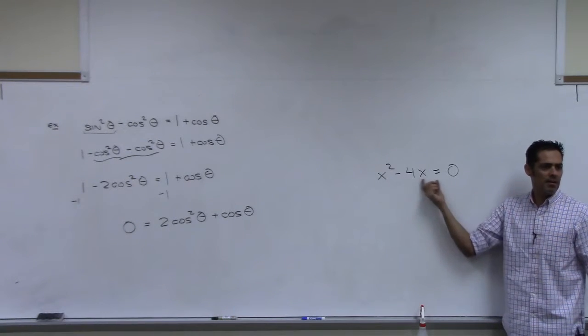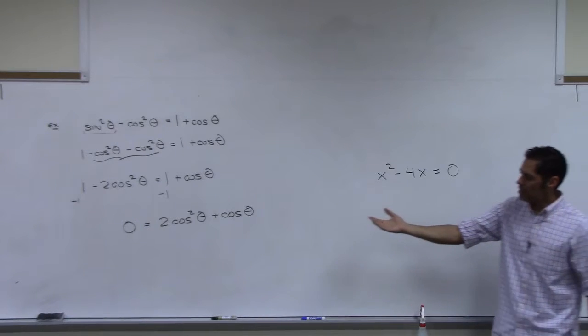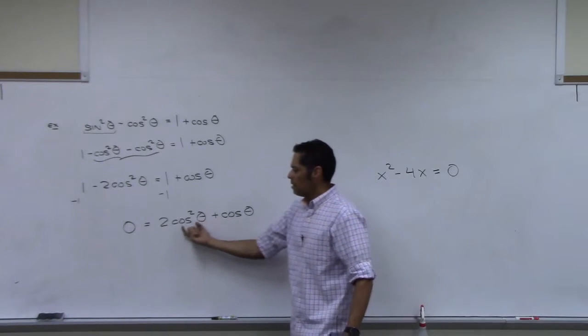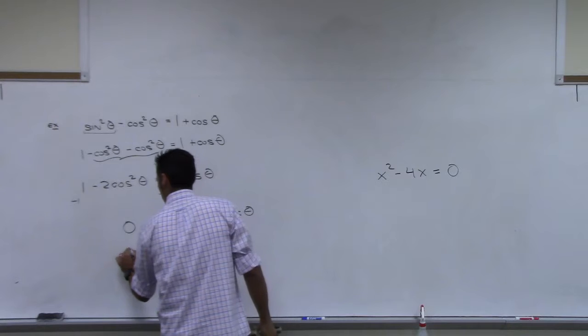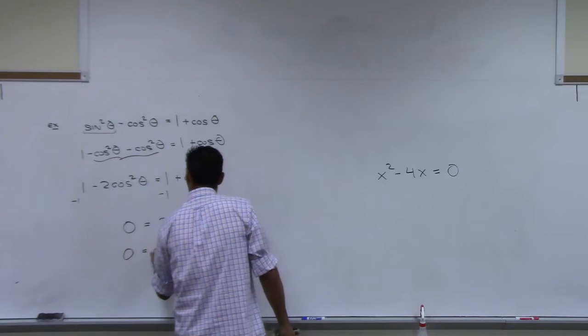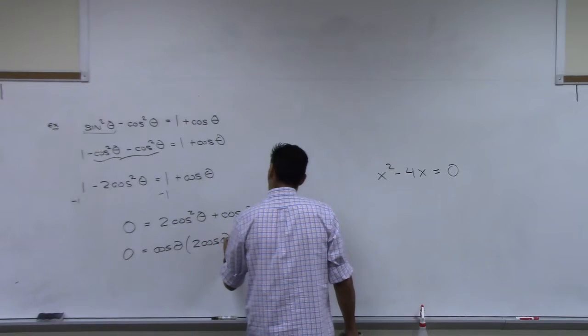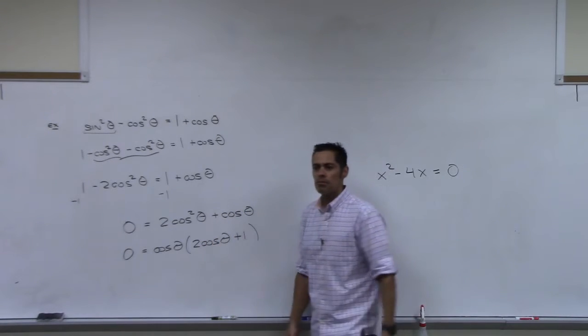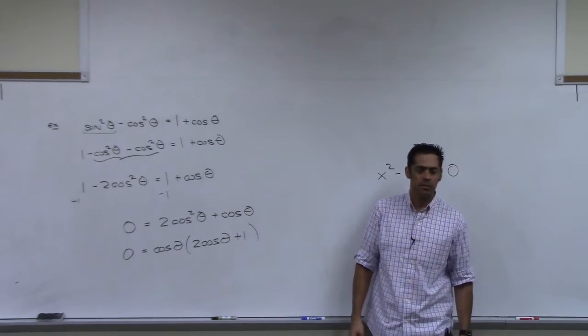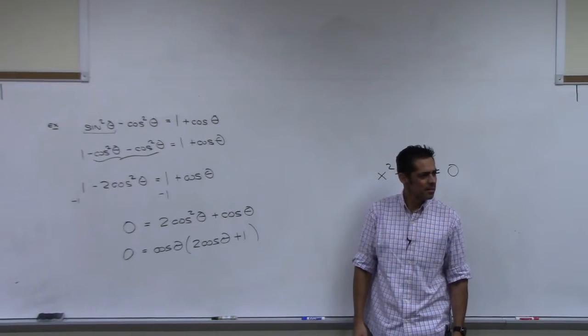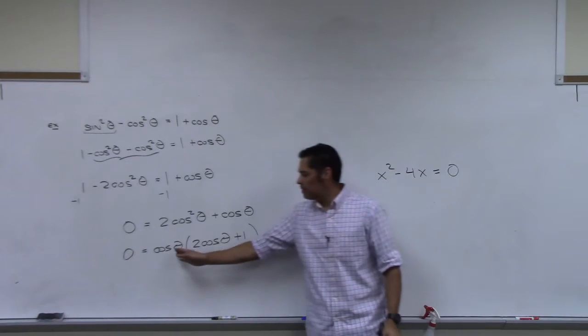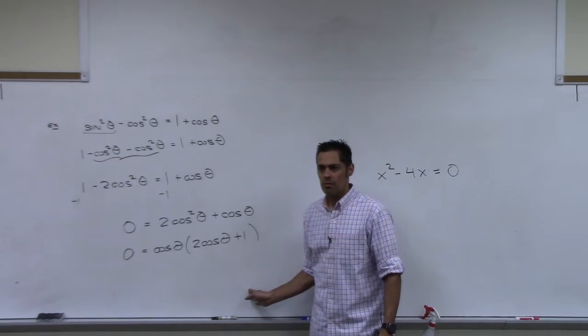You'd factor an x out of both of these. So since these both have a cosine, you just factor a cosine out. Like that. That make sense?